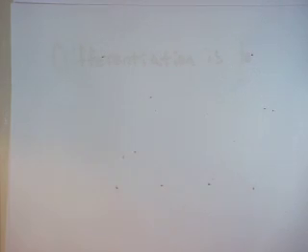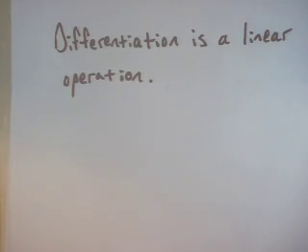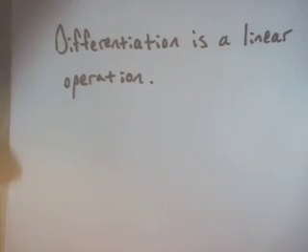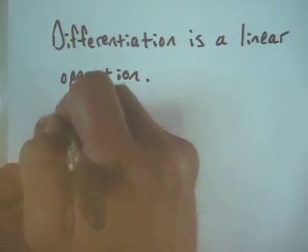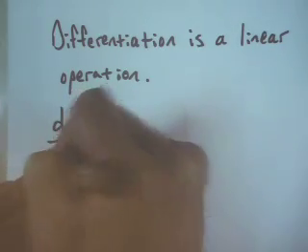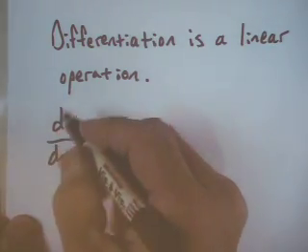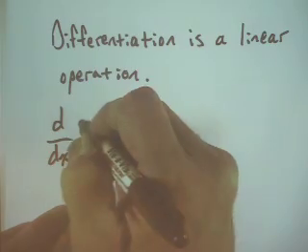Let's now talk about the fact that differentiation is a linear operation. If an operation is linear, then it has a certain characteristic. For differentiation, here's the operation symbol, d over dx.